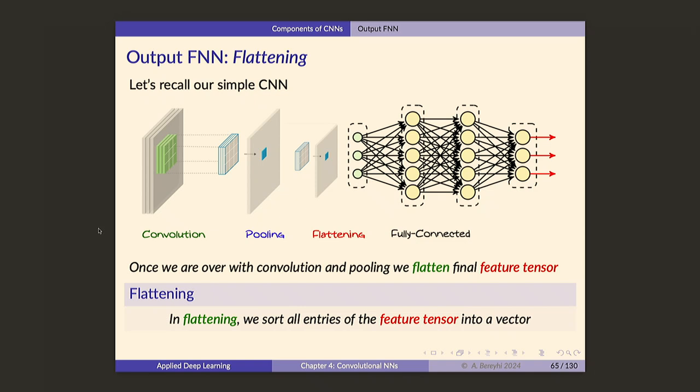I finish the first map, then go for the second map, and so on till the last map, and then I have this very huge vector. That vector I can now give to a feed-forward neural network. This is what we call flattening: we don't do anything to the tensor, we just reshape it into a one-dimensional array.